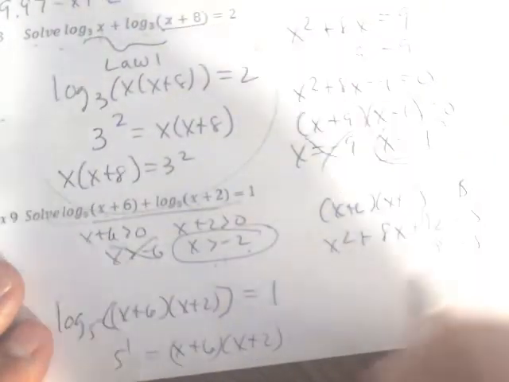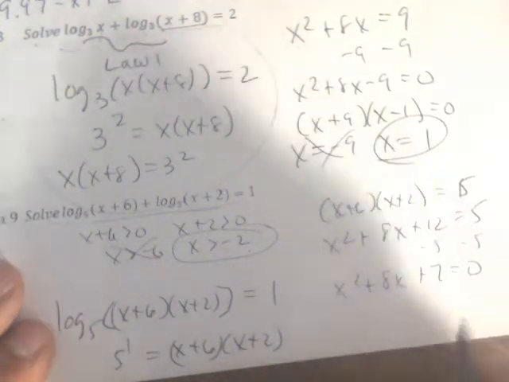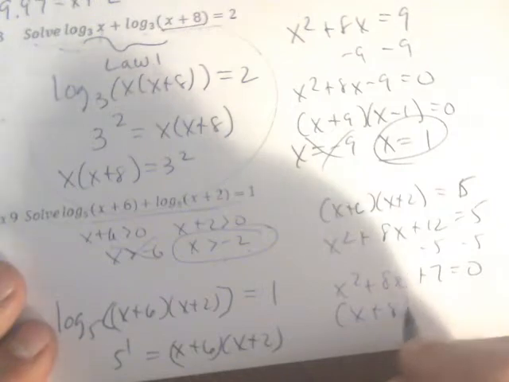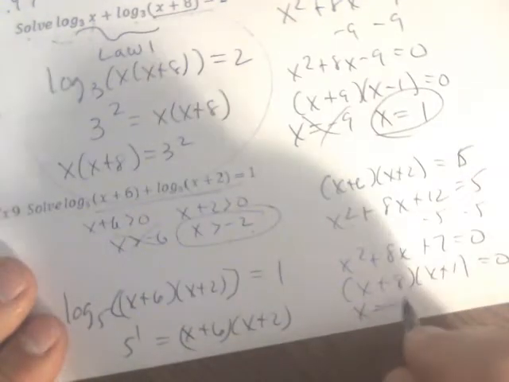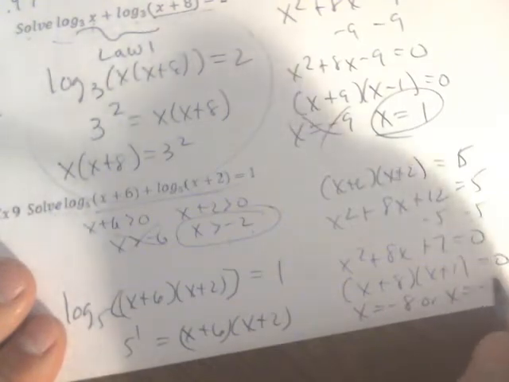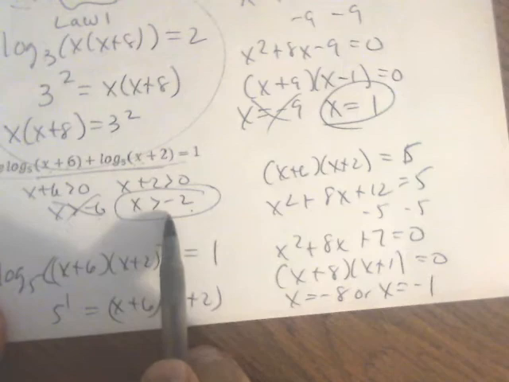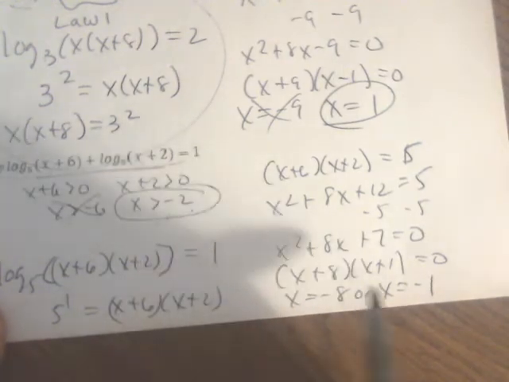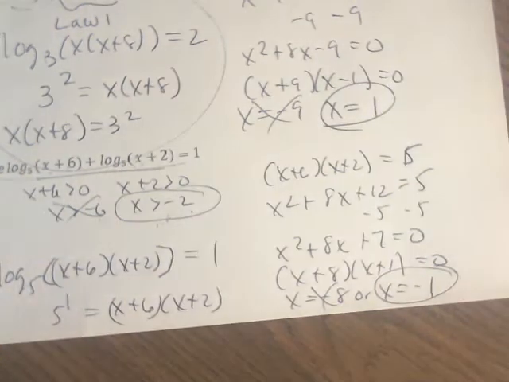Subtract 5 from both sides, because I need to solve this. Factor. So x is negative 8 or x is negative 1. But again, in order to satisfy my domain, the only one that can work is the one that's greater than negative 2, which is negative 1.